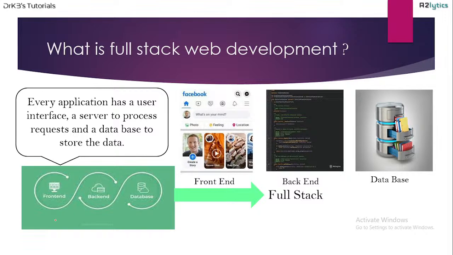What does full stack web development contain? Full stack web development mainly contains three parts. One is front-end development, developing a user interface.